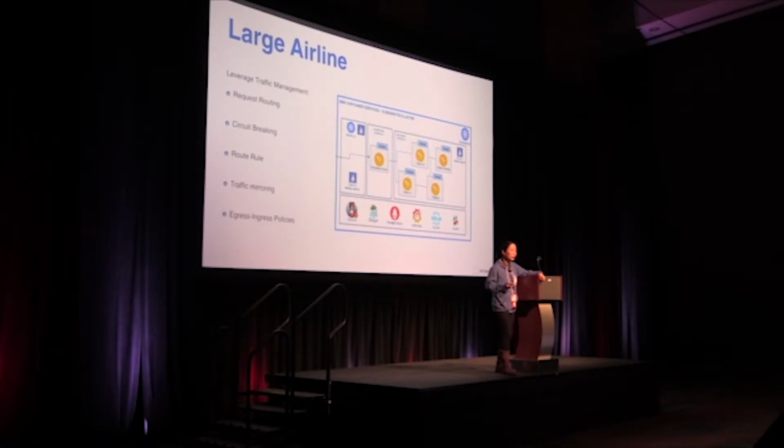They use Istio to do circuit breaking and route rules, so they can control the traffic for traffic steering, traffic shifting, and also traffic monitoring, to see where their services have problems, where the latencies are, and what the delays of their services are. They also apply policies on the ingress and egress layer, so they know exactly what traffic goes into the mesh and what traffic goes out from the mesh to the external world.